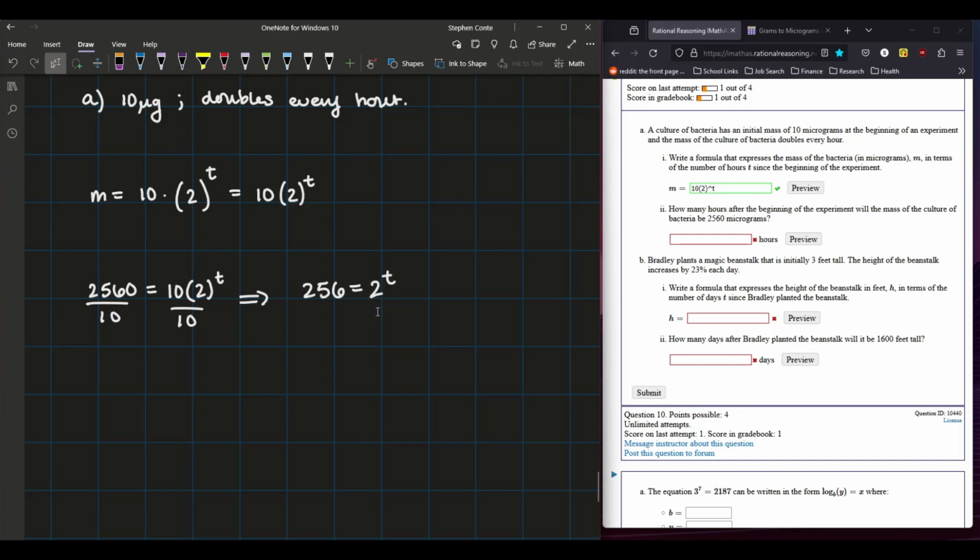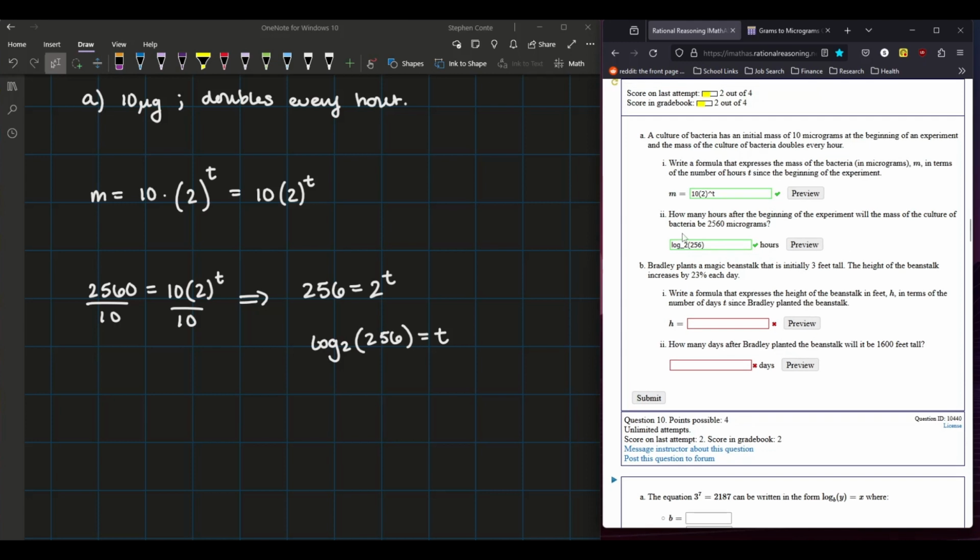Here we can just do a log, right? So base, answer, exponent, we're going to have log base 2 of 256 is equal to t. We can plug that in here, which is 8 hours. So, right, because 2 to the 8th is equal to 256.